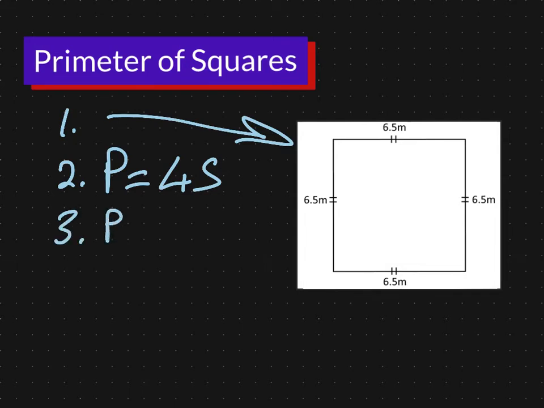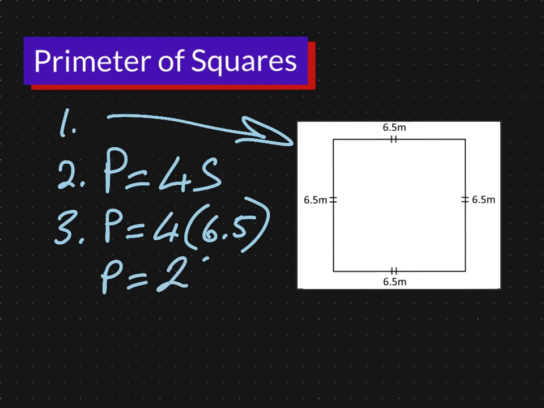Perimeter is equal to 4 times 6.5 meters. Then we would calculate 4 times 6.5, and we would find that the answer is 26 meters. Now remember, perimeter is a measurement, so it will always have a number and a unit.